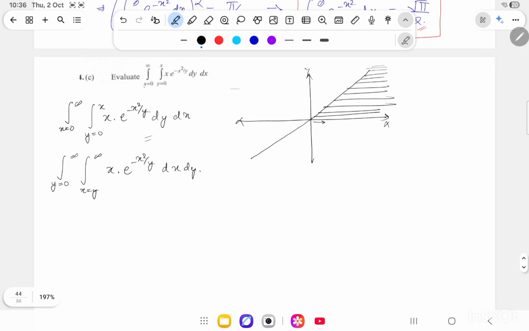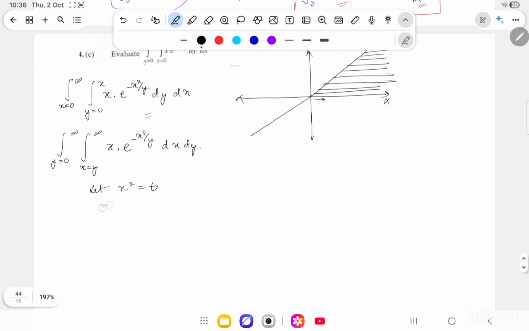So if we evaluate it, let's just assume that x square is equal to t. Then 2 x dx will be equal to dt, and the limit changes: t is equal to y square when x equals y, and t equals infinity when x approaches infinity.